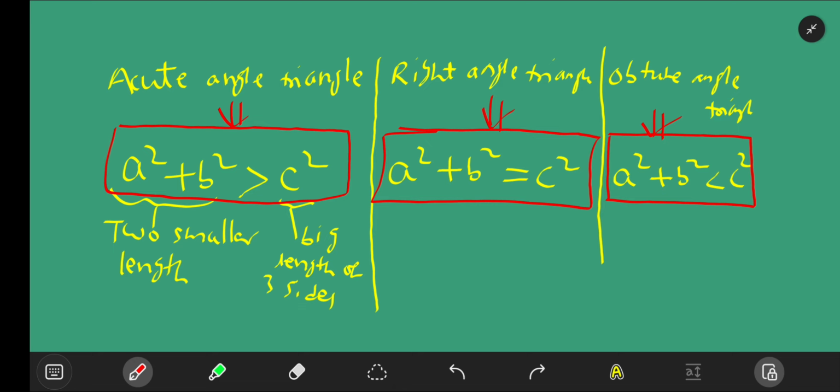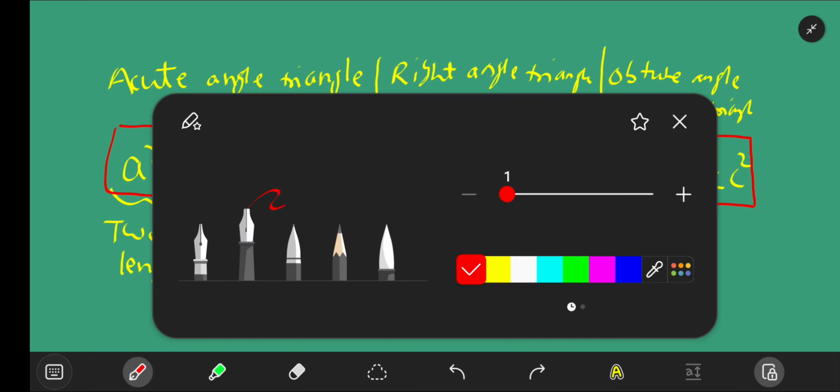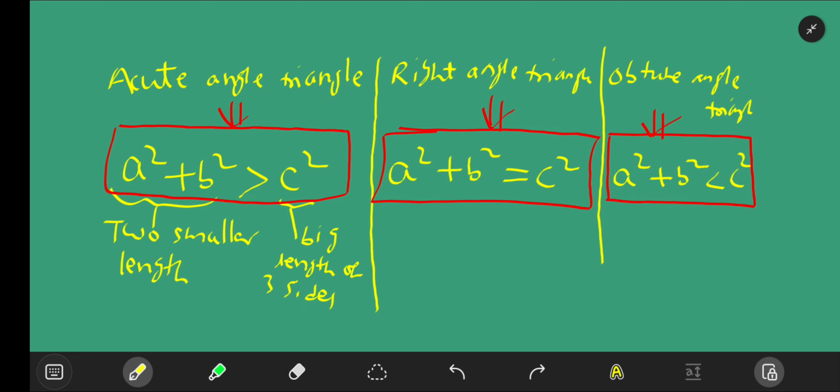Okay, let's do examples. Let's do the examples based on this. Now 6 centimeters, 7 centimeters and 9 centimeters.